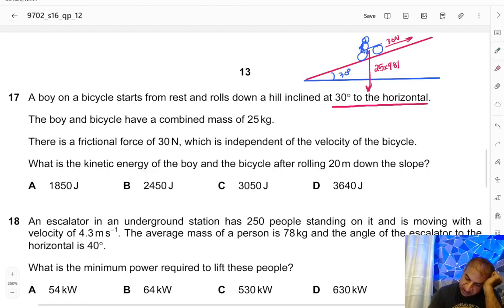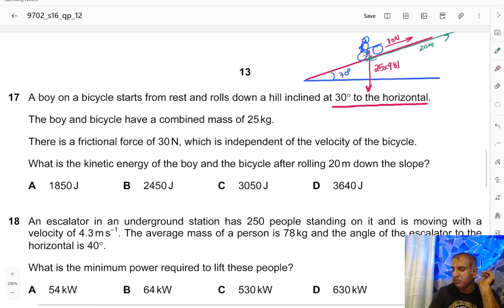Let's just mark this over here. From here to here, let's just suppose this is actually 20 meters. If this is 20 meters, and we need to work this out, what is the kinetic energy of the boy and the bicycle after rolling down 20 meters down the slope?